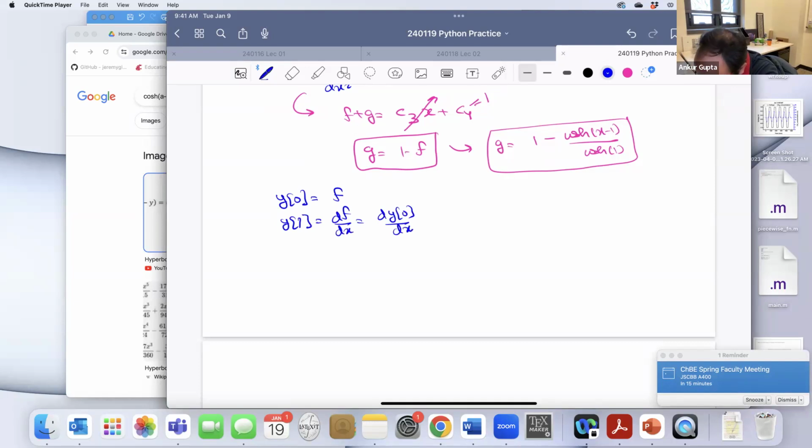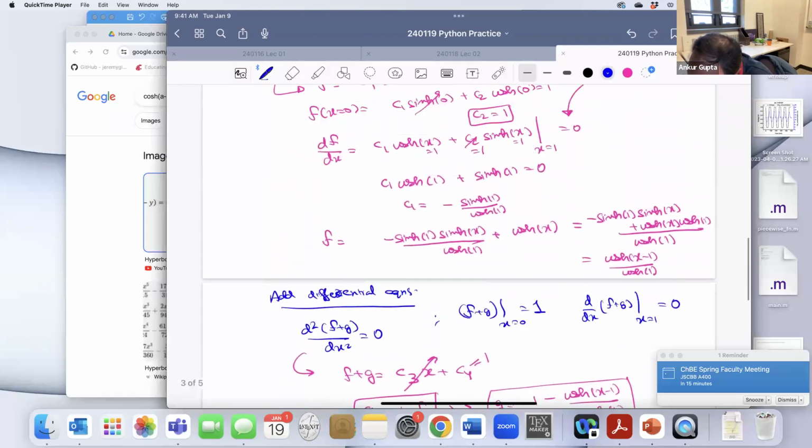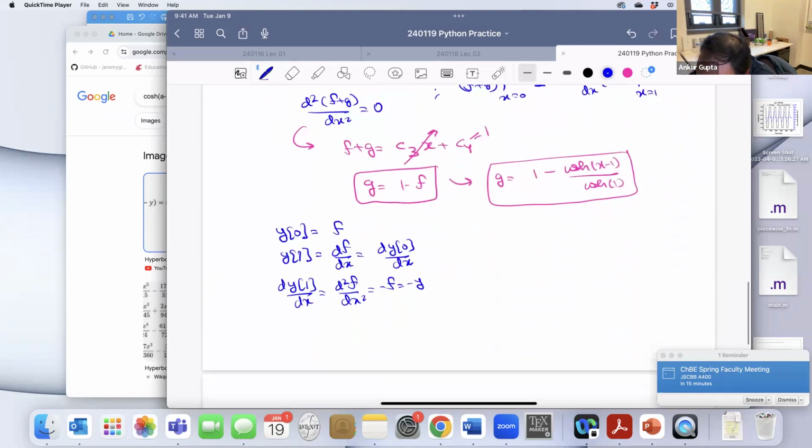And we also know that dy1 by dx is equal to d square f by dx square, which is equal to plus f. Now this is equal to y of 0.